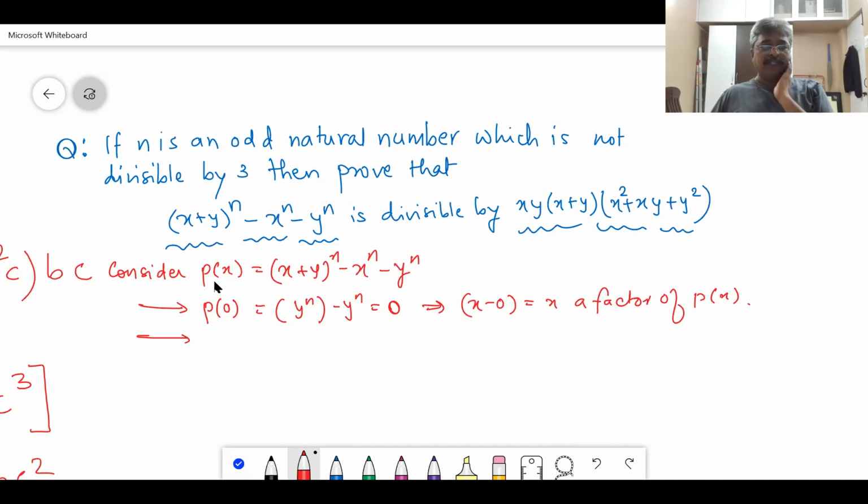Okay, so if we have considered this polynomial p of x, then we get x as a factor. If we consider p of y, then we'll get y as a factor, because this is symmetric with respect to x and y. If we replace x by y and y by x, we get the same expression. Therefore, we need not consider it for y. It's okay if we can keep it for x and say that hence y is a factor.